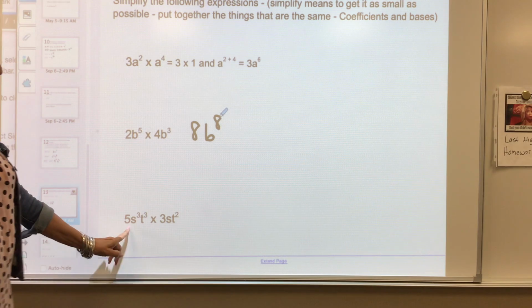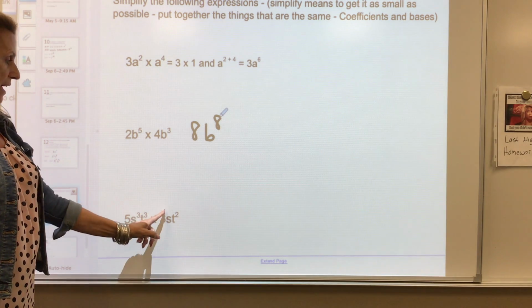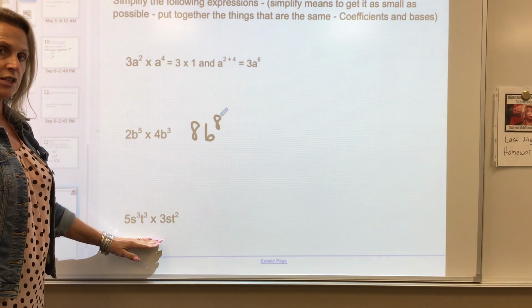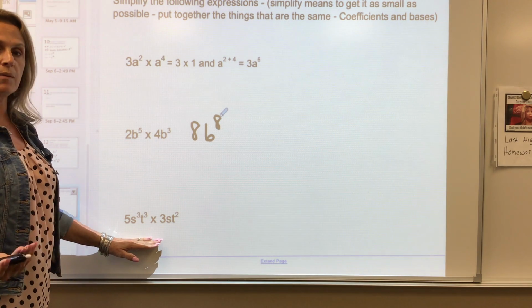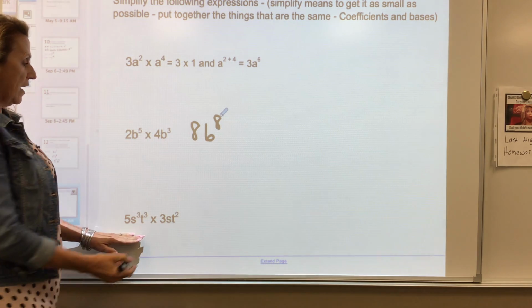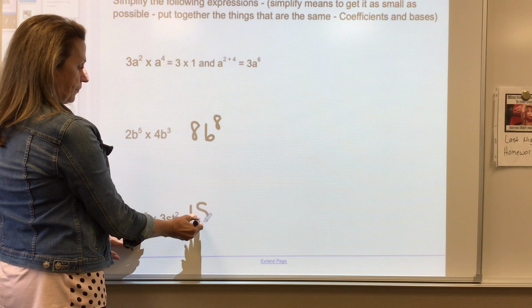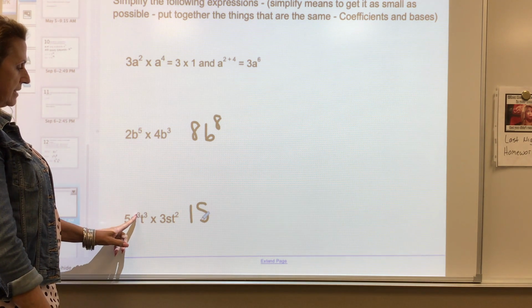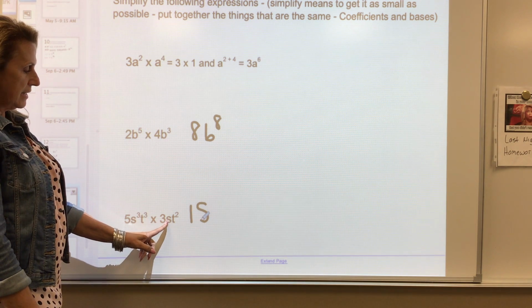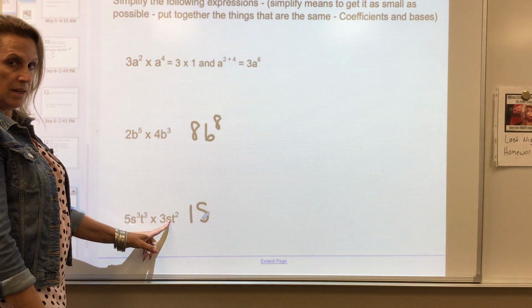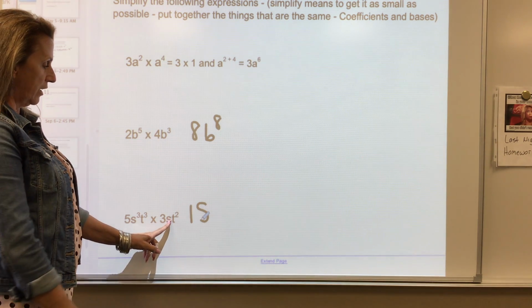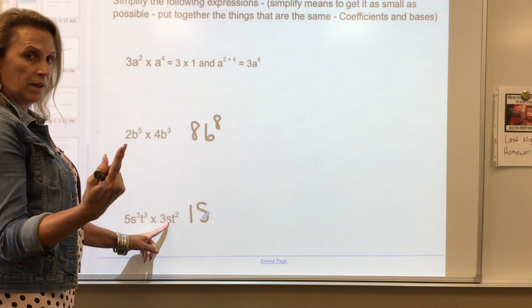Down here, 5 and 3 do not have exponents. That makes them coefficients, which means I can just multiply them. They're just numbers. So 5 times 3 is 15. I have 3 s's. Does this have an exponent? It does. How many s's do I have right here? I don't bother to write it, but I have 1.